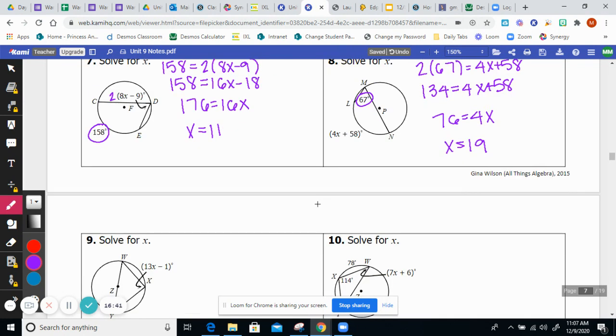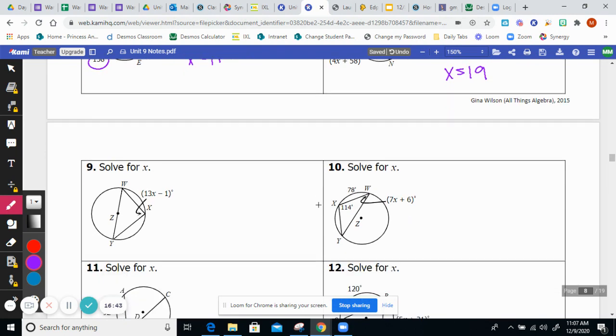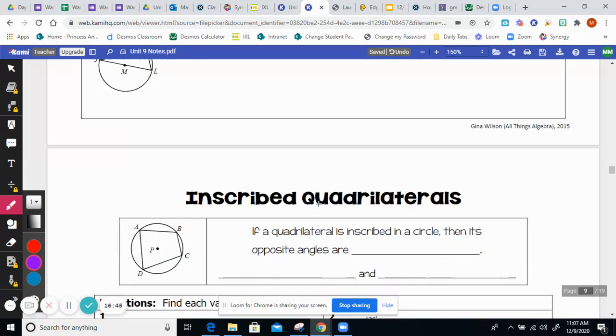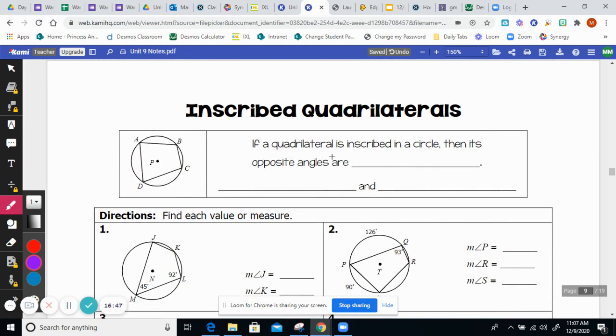But now I want to talk about some inscribed quadrilaterals. For these, if a quadrilateral is inscribed in a circle, then its opposite angles are supplementary. Remember that supplementary means that it equals 180 degrees. So when we're looking at our example here, our opposite angles are across from each other.